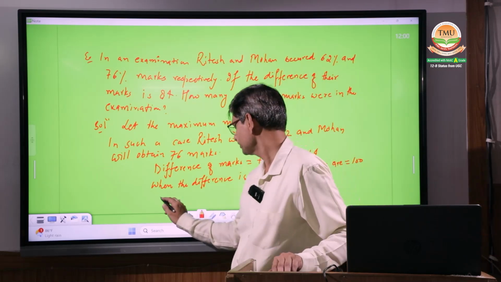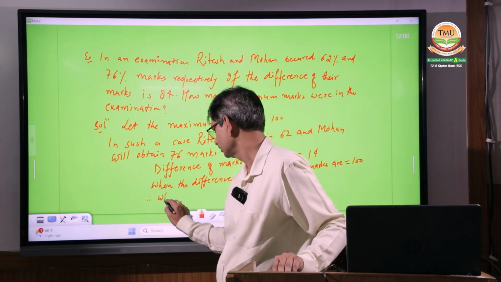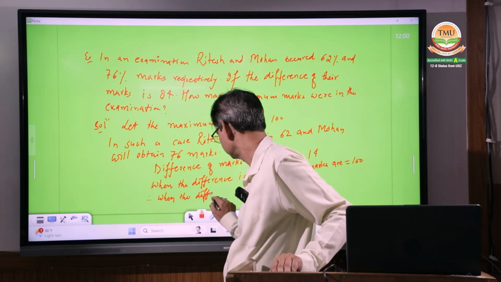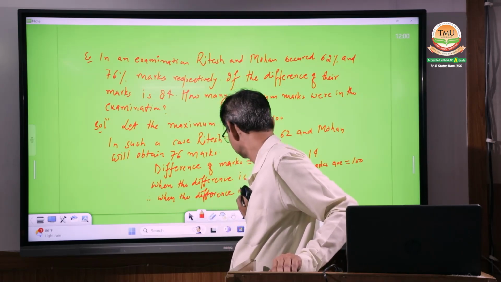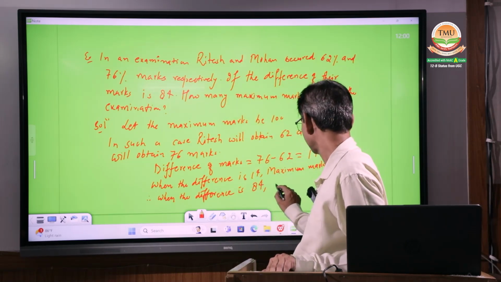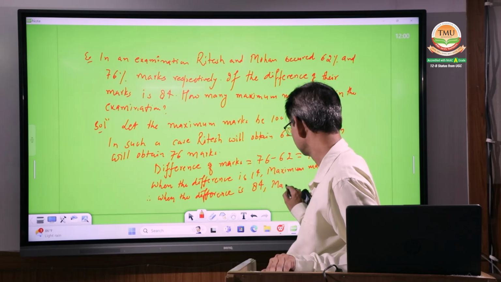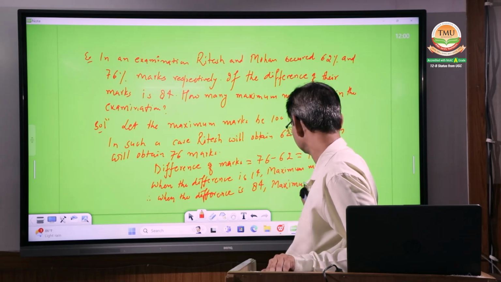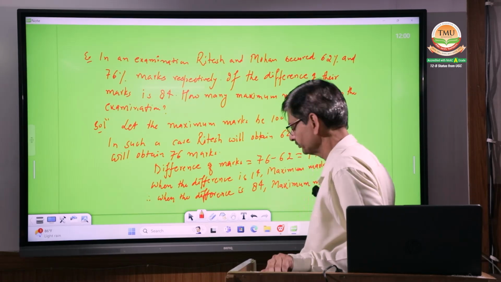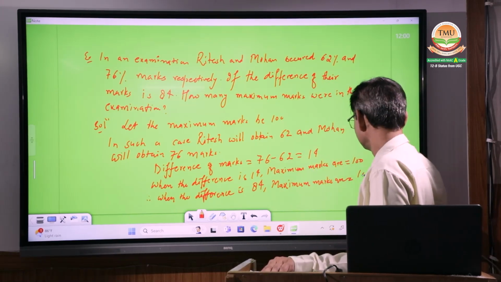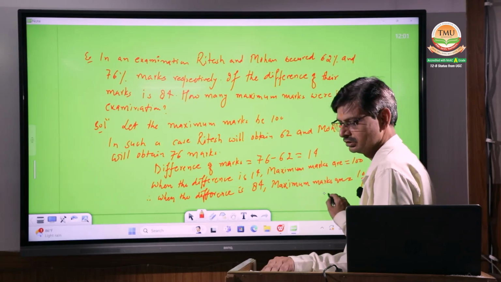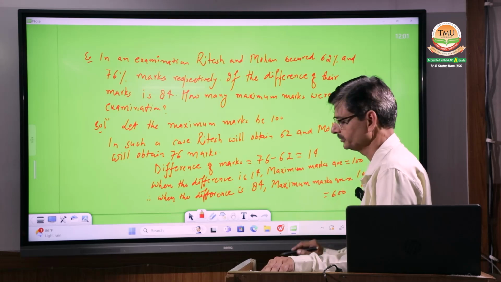When the difference is 84, maximum marks are 100 into 84 upon 14, which will be 600.